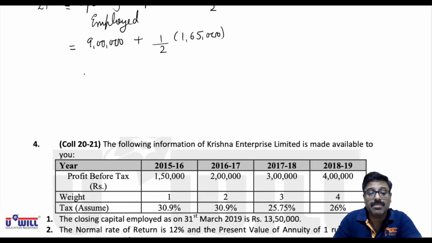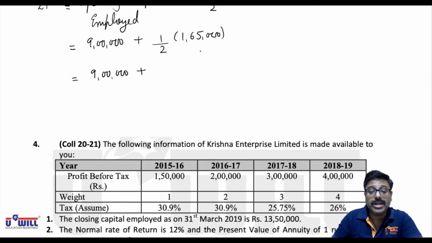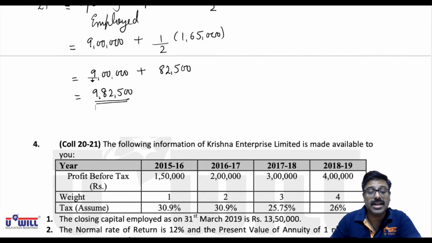So 9 lakh plus half of 1,65,000, which is 82,500. If we add 82,500 to 9 lakhs, we will get 9,82,500. Okay, so the second method is also clear.